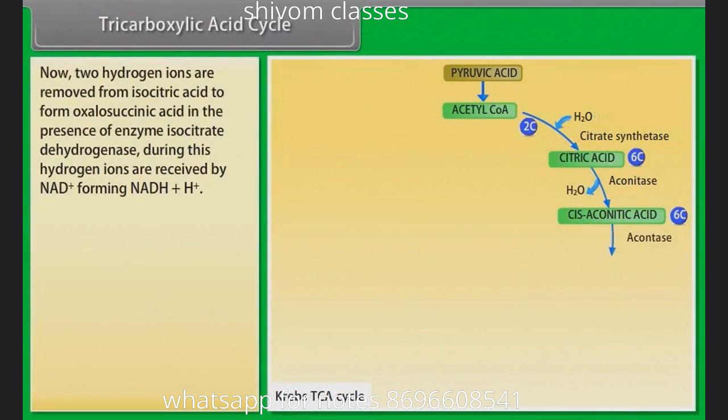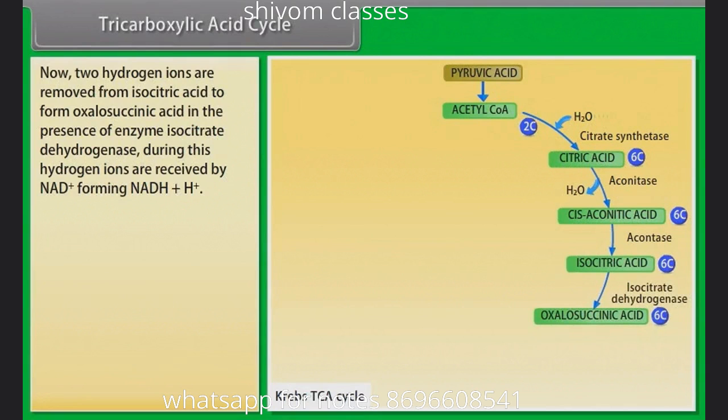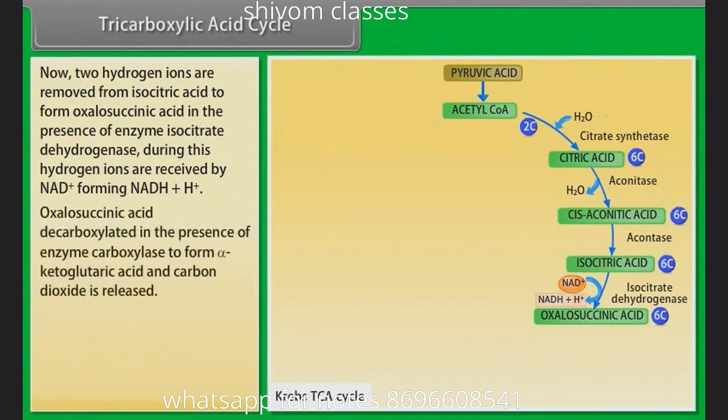Now, 2 hydrogen ions are removed from isocitric acid to form oxalosuccinic acid in the presence of enzyme isocitrate dehydrogenase. During this, hydrogen ions are received by NAD+, forming NADH+, H+. Oxalosuccinic acid is decarboxylated in the presence of enzyme carboxylase to form alpha-ketoglutaric acid, and carbon dioxide is released.